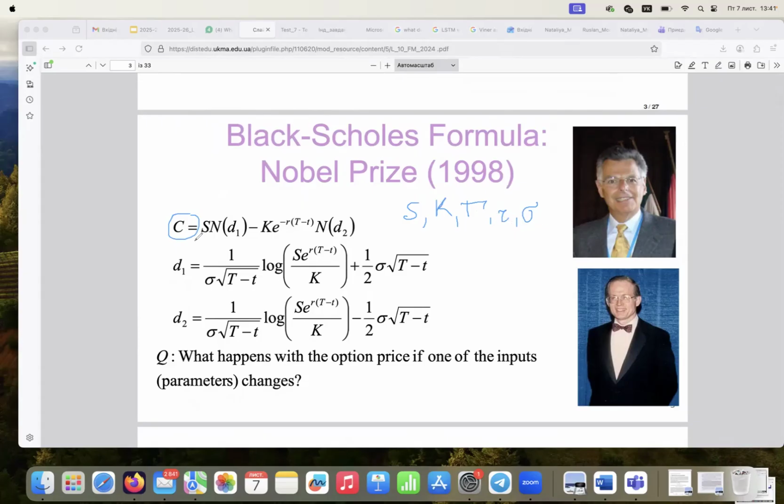What happens with the option price? Do you understand the question? If we just change any of the parameters by one, yes, we would like to know what happens.